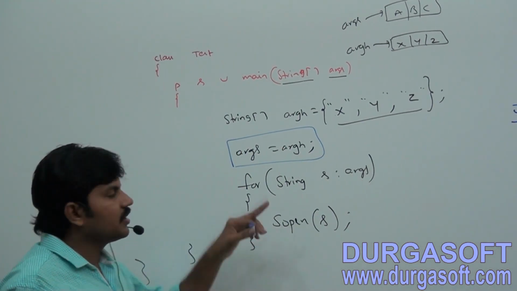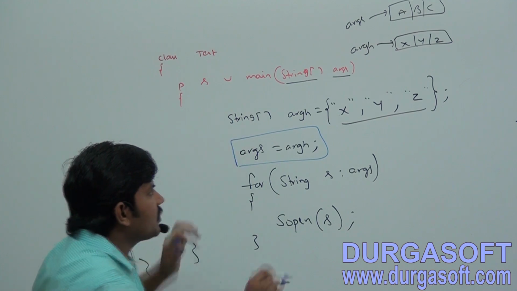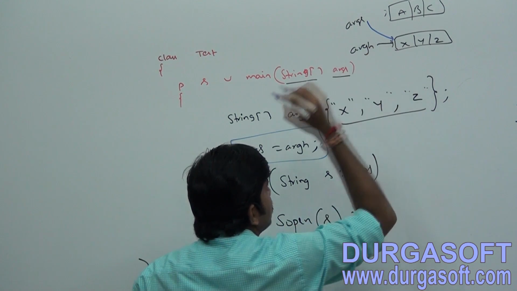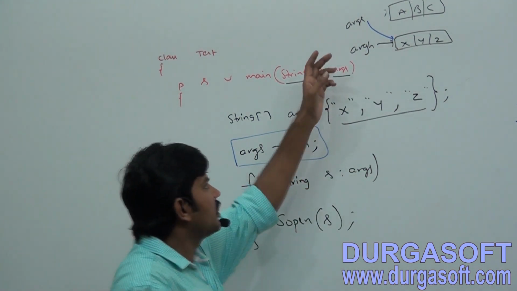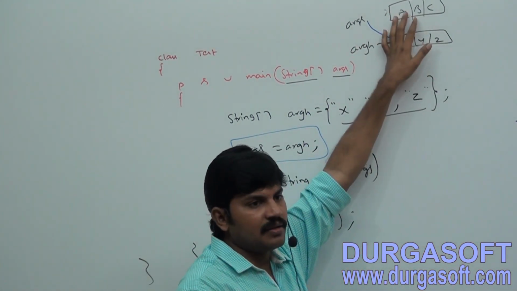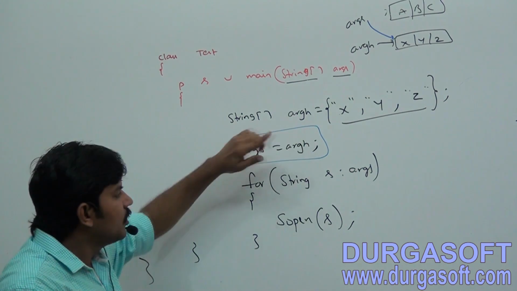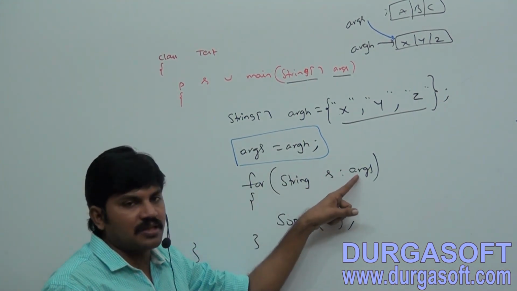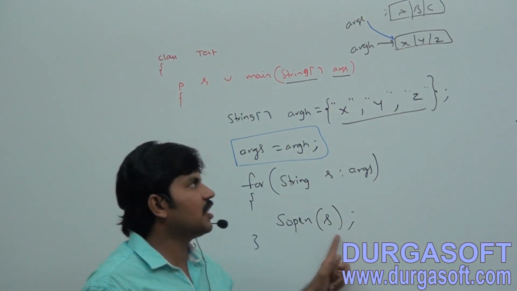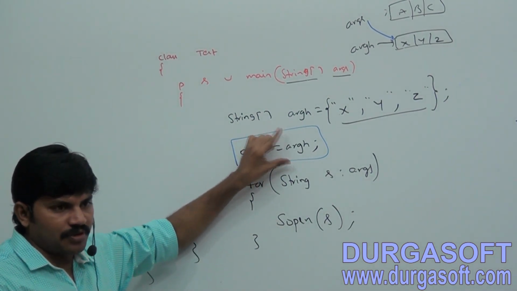Now onwards args is pointing to argh. After this line, args is always pointing to argh. Whether args is ABC or AB or a zero-length array, args is always pointing to xyz after this line. That's why, for every string s in args, SOP of s obviously outputs xyz.